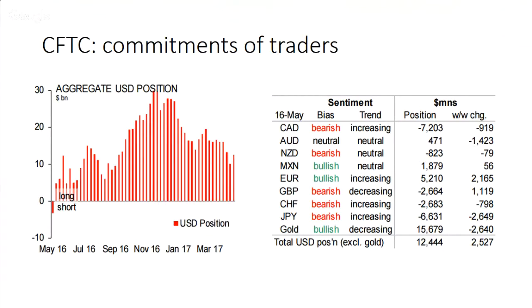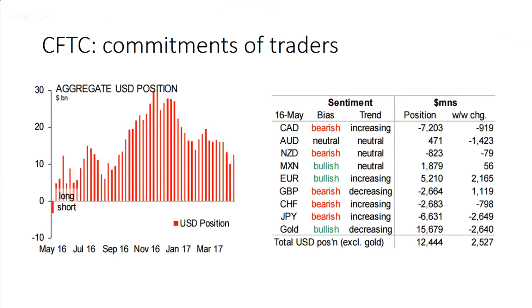This position has declined, but in the previous week, which ended on May 16th, the last week for which we have data available, there was some increase in the US dollar bullish positions. So the overall trend is that the market is becoming less bullish on the US currency, but some adjustment took place in the week which ended on Tuesday, May 16th.